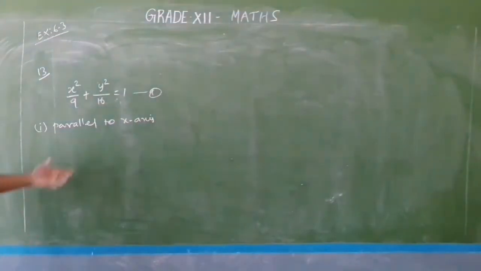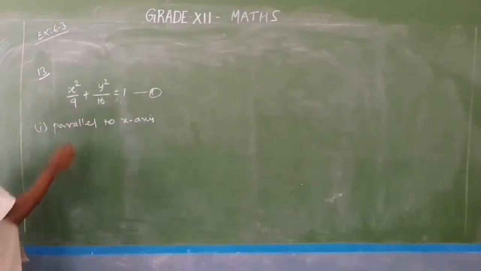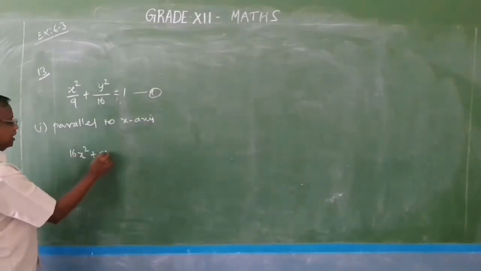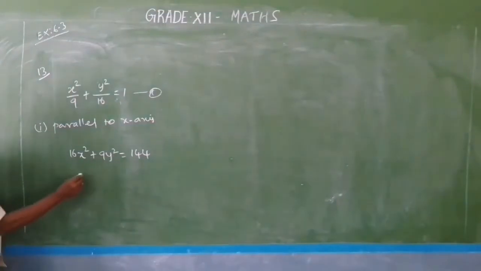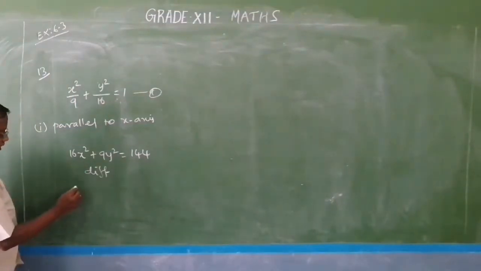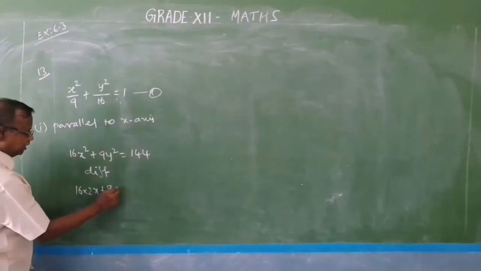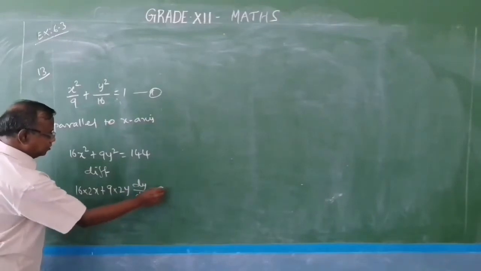Take the given equation as 1. For simple differentiation, let me rewrite the equation as 16x square plus 9y square equal to 144. Now differentiating, that is 16 into 2x plus 9 into 2y into dy by dx equal to 0.